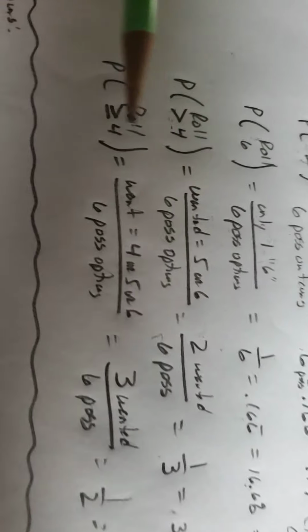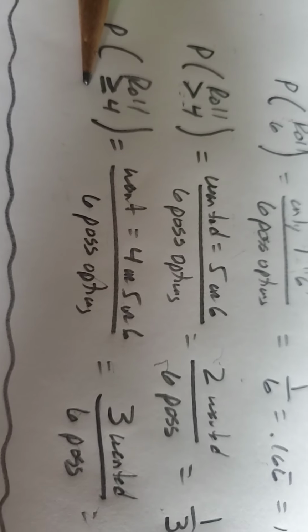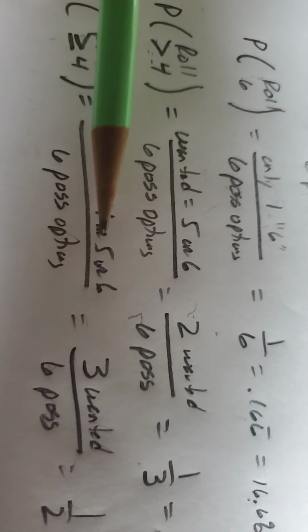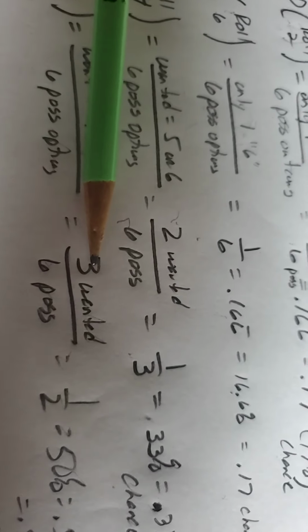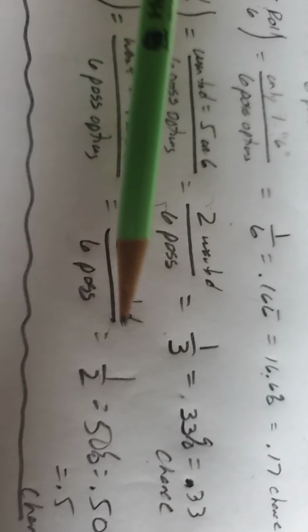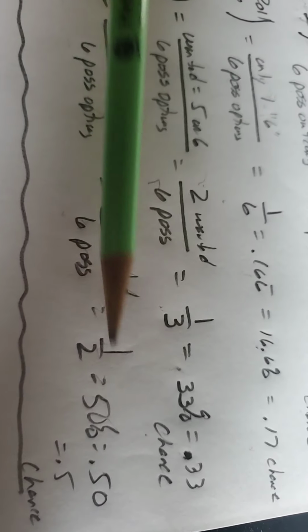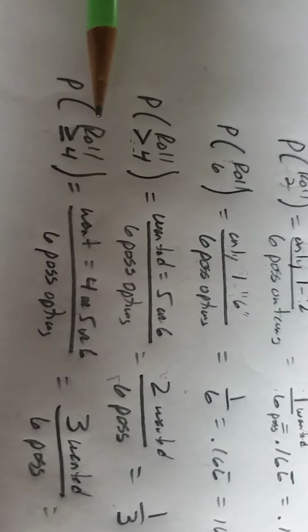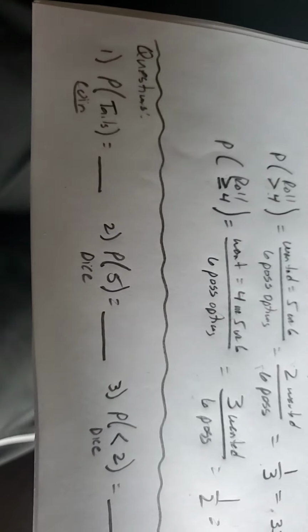Now, you can see the difference between greater than and greater than or equal to. Since this is greater than or equal to, that means I'm okay with a 4, 5, or 6. So now there are 3 wanted outcomes over 6 possible outcomes. So I have 3 over 6, or 1 over 2, or a 50% chance of rolling something 4 or more. Okay, that's the basic explanation.